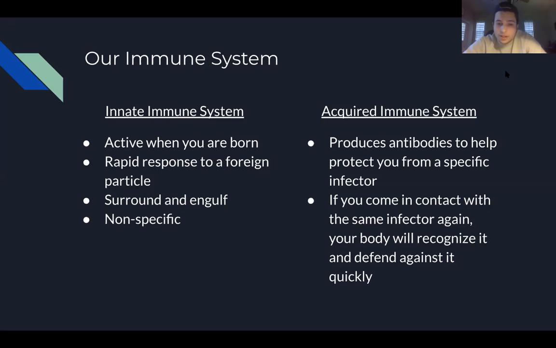And interestingly enough, vaccines take advantage of the qualities of the acquired immune system by imitating an infection. So your body produces these antibodies and memory lymphocytes to protect you from infections like the measles or chickenpox, so you never have to experience the debilitating effects of those diseases.